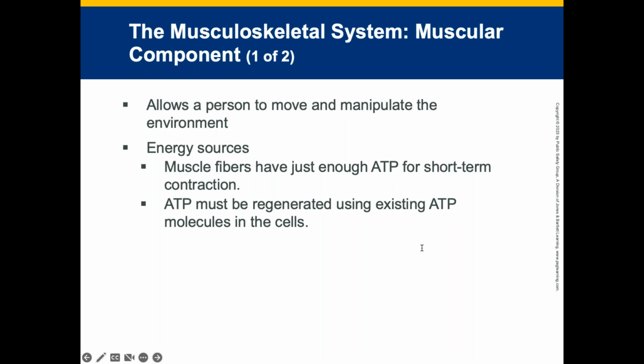How many ATP molecules are there again? I mentioned it a little while ago.